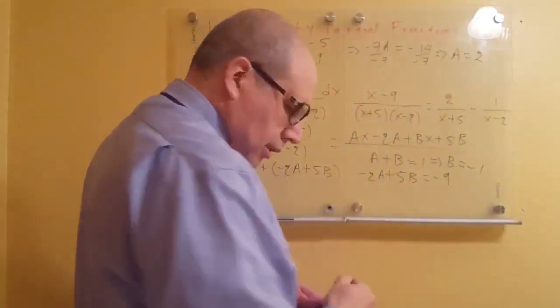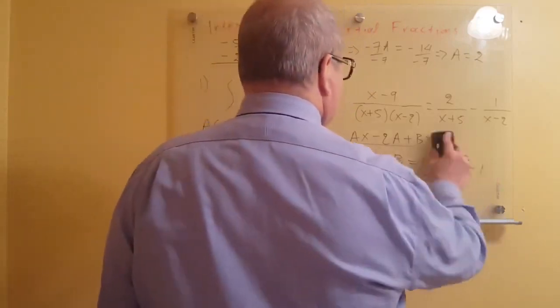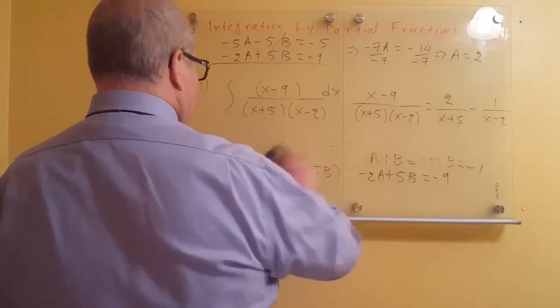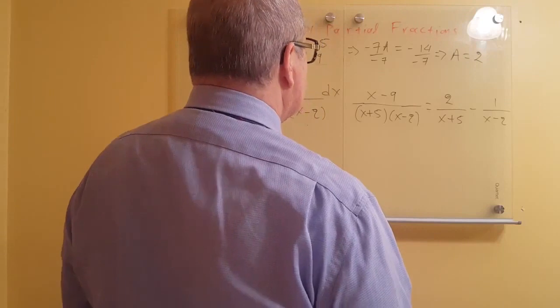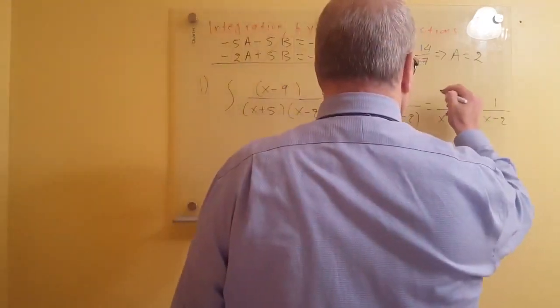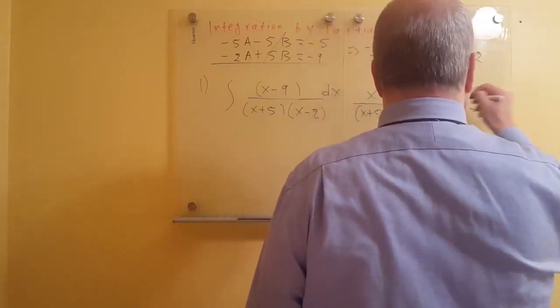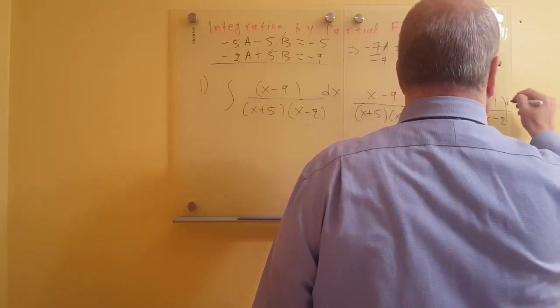And now we can go and find our integral, which is as follows. Now instead of having to find the integral of this, we have to find the integral of this, dx.